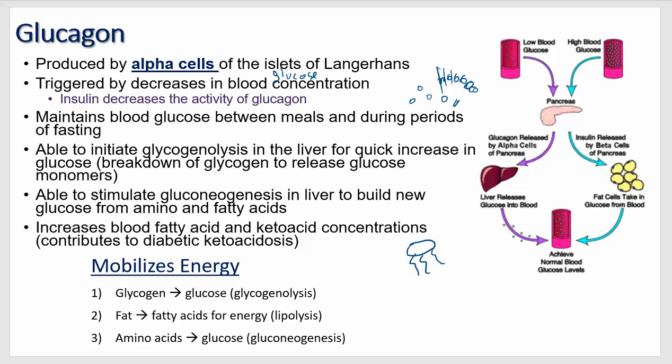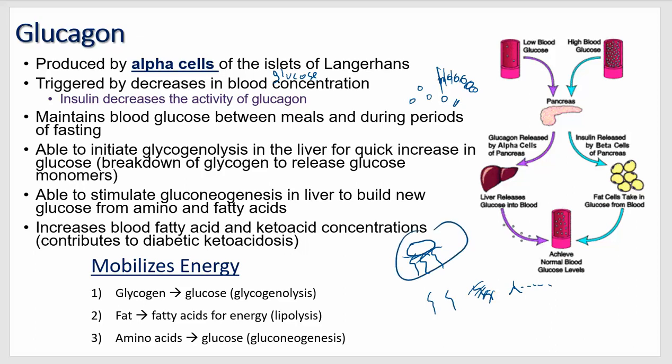Glucagon is going to trigger that, which is why, in diabetic ketoacidosis, if there's no insulin to counter that, you have the buildup of ketones. It's saying, hey, break those off, release the fatty acids, and then we're breaking those fatty acids down, and that's going to be the release of ketones. All right, so it mobilizes energy. Glycogen to glucose, fats to fatty acids.